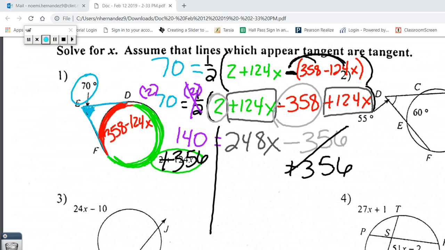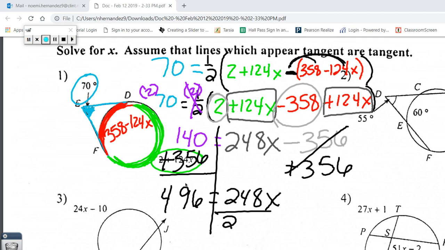Cancel that out. And we're left on this side with 496 equals 248x. Last thing we do is divide by 248. Divide by 248. So x equals 2. That's going to be our final answer.